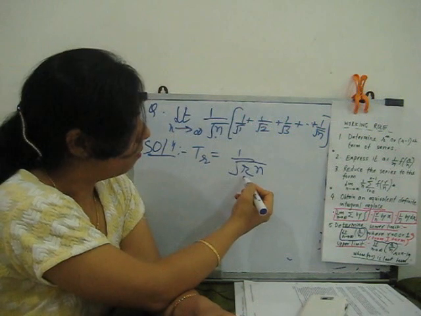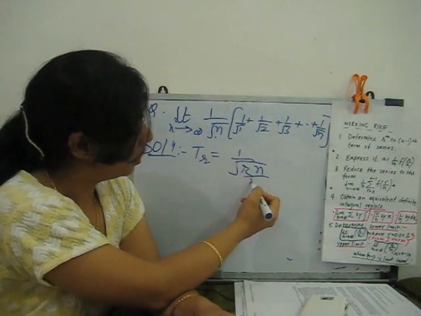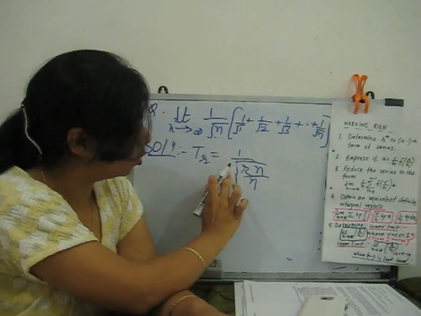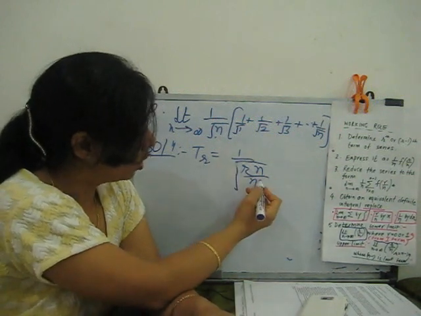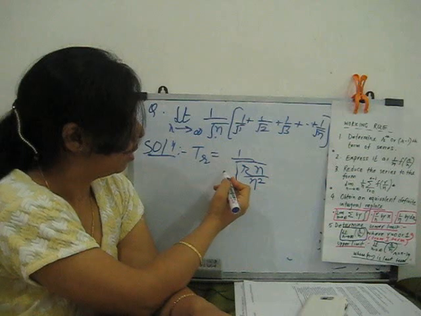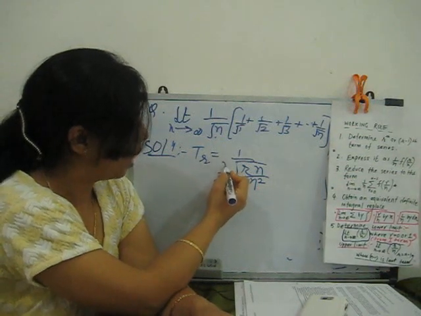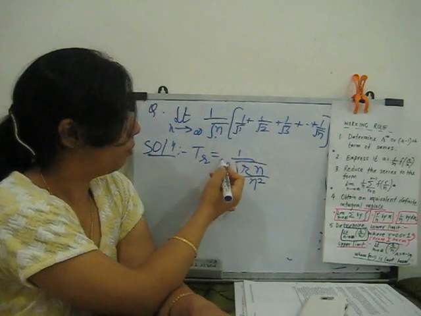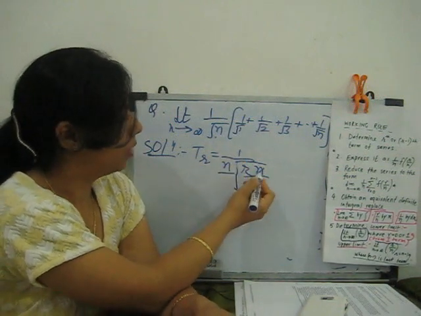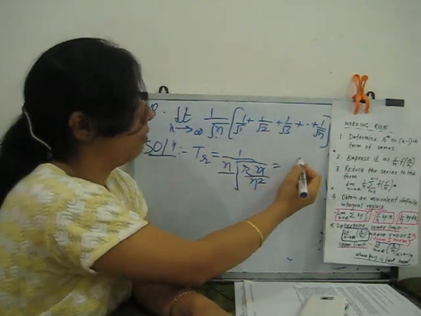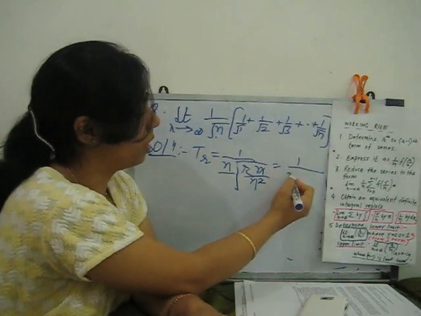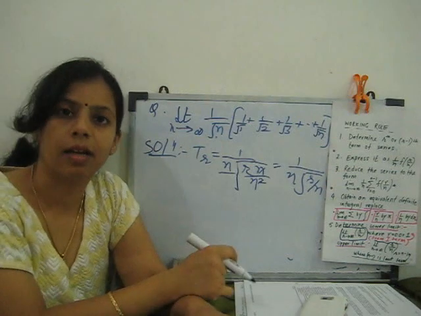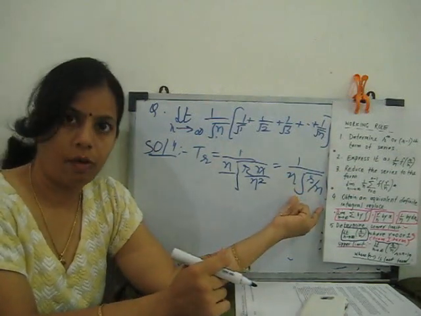So we multiply and divide by n, which gives 1 by n, and this gives r by n, so the reduced form is 1 by n times 1 by root of r by n. The general term has to be reduced to this form.